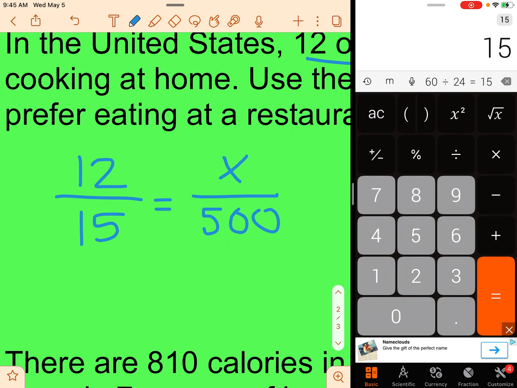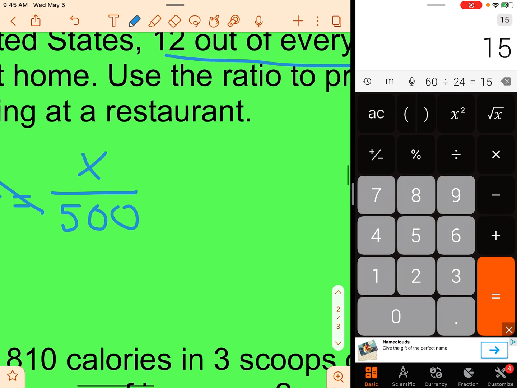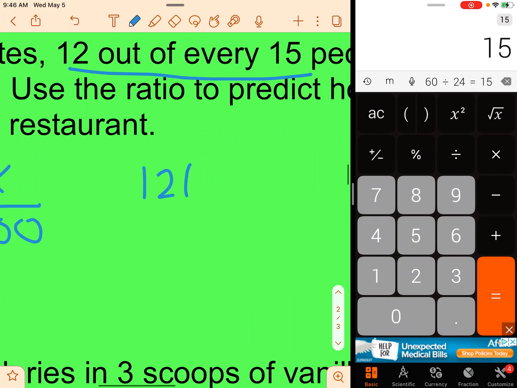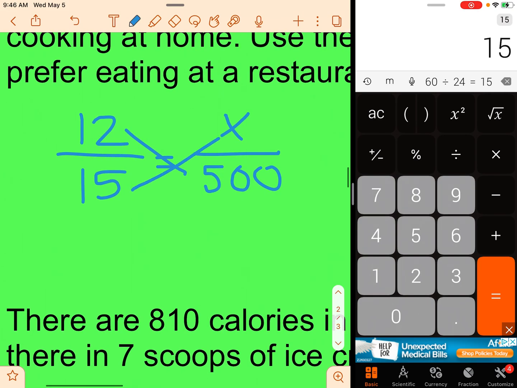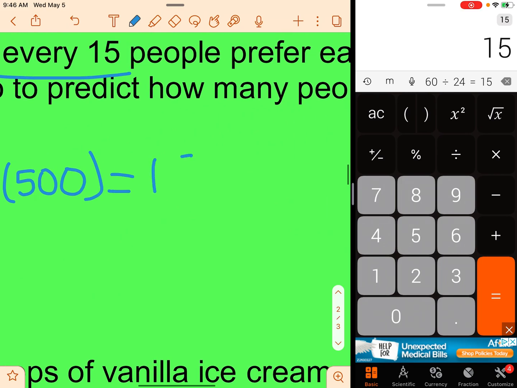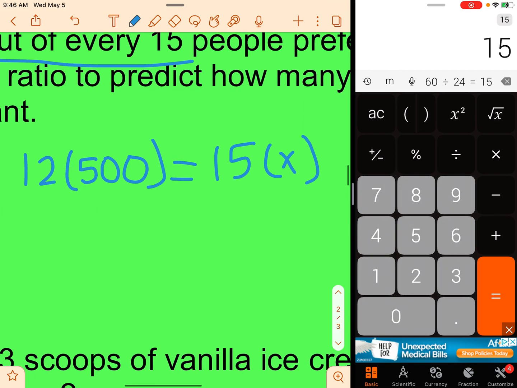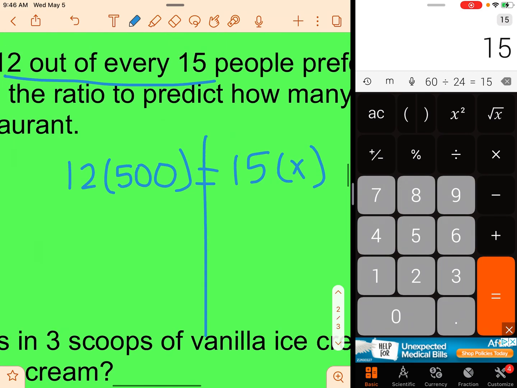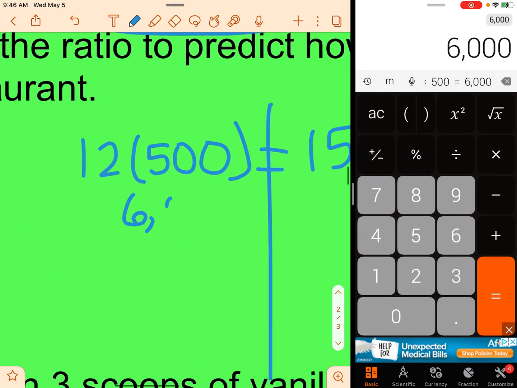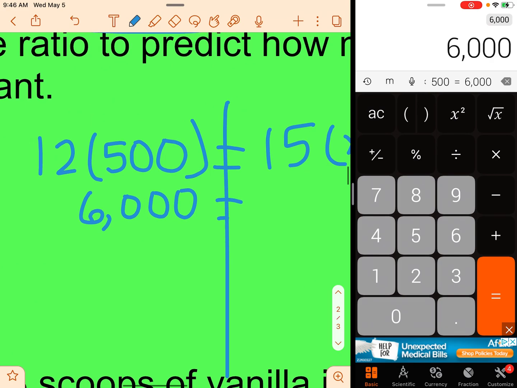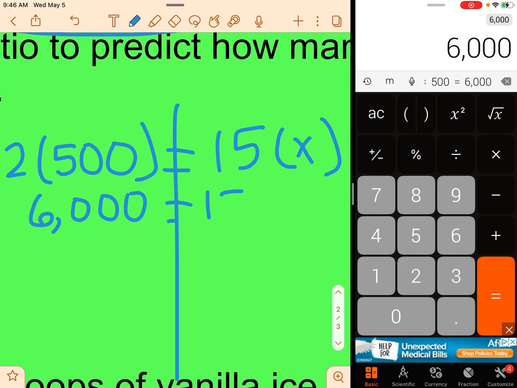Let's cross multiply and solve. We take 12 times 500 and set that equal to 15 times X. Then we draw our line. 12 times 500 is 6,000, and that is equal to 15X.